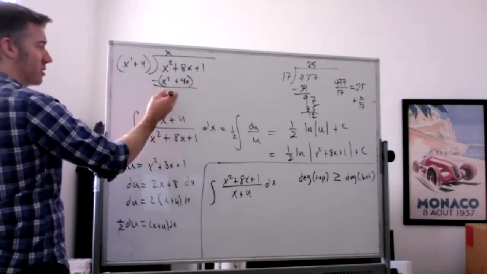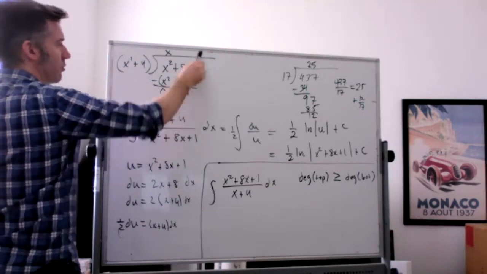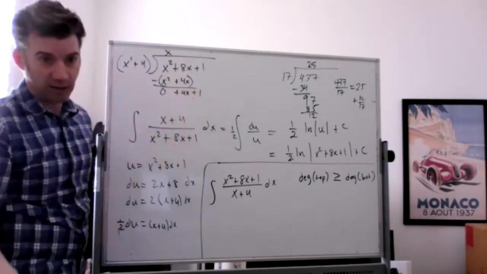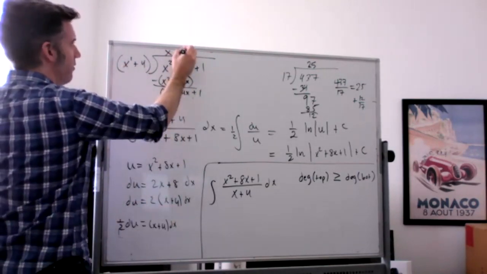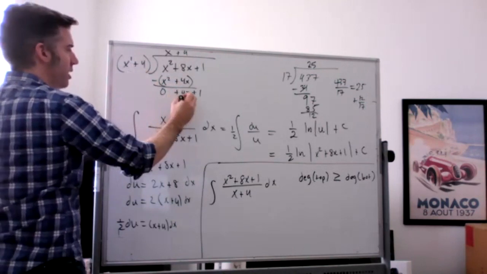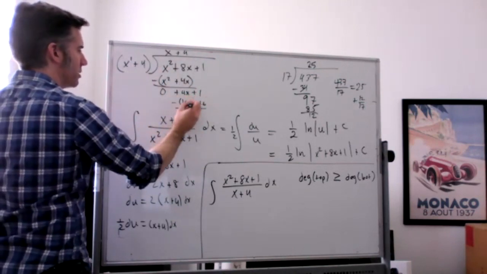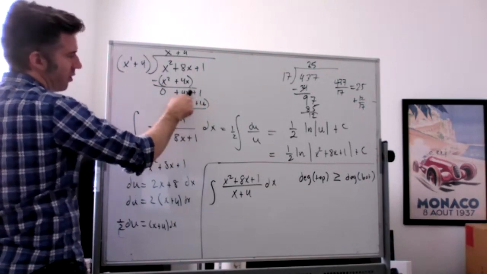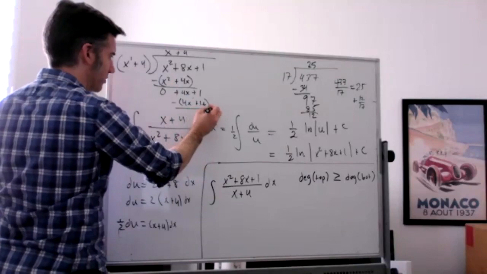X squared minus x squared is 0. 8x minus 4x is 4x. Bring down the next thing and repeat the process. What do you multiply by x to get 4x? Oh, you multiply it by 4. 4 times x is 4x. 4 times 4 is 16. We subtract. And 4x minus 4x, the first part's always going to be 0. 1 minus 16 is negative 15.